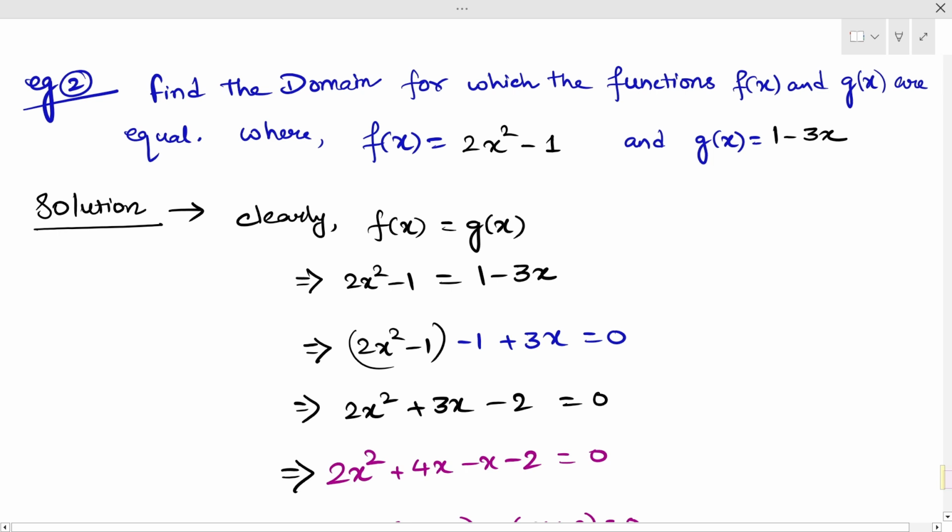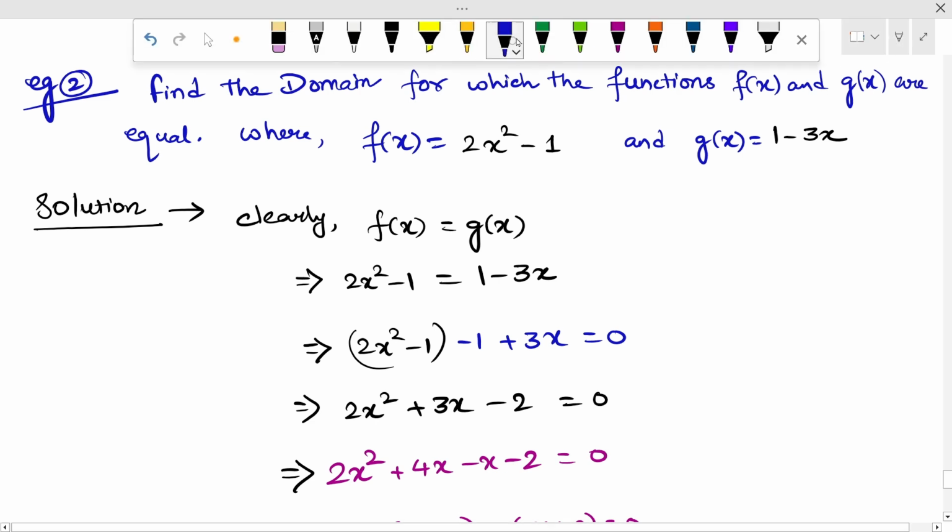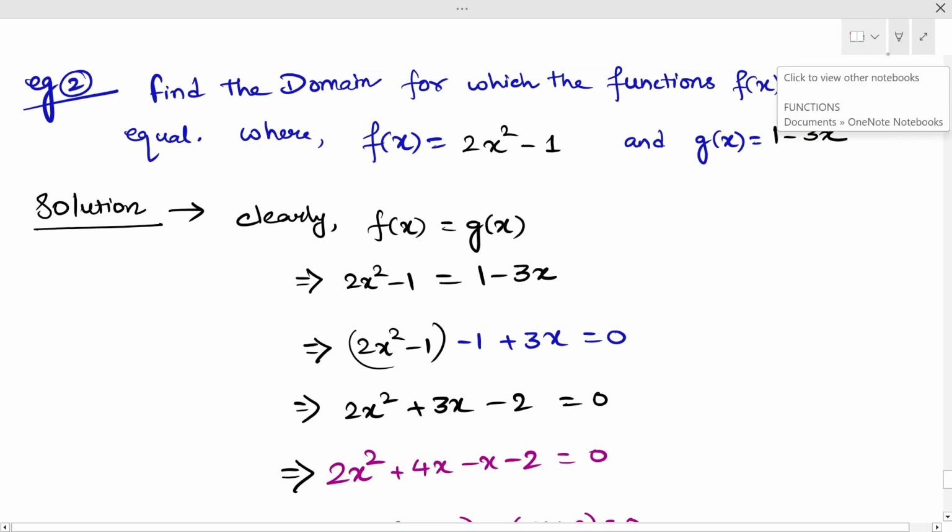Let's move on to the second example. Find the domain for which the functions f(x) and g(x) are equal, where f(x) is defined as 2x square minus 1 and g(x) is defined as 1 minus 3x. You have to find that common domain.